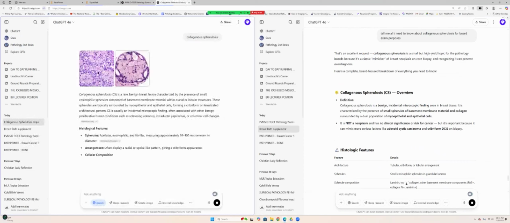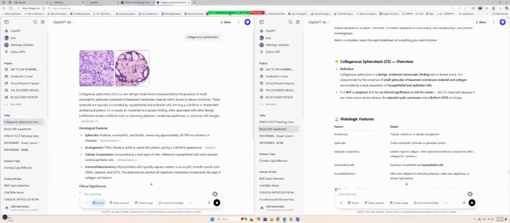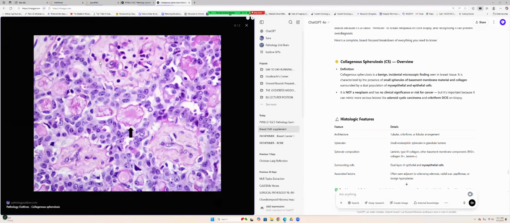It's a mimicker of breast neoplasia, and recognizing it may help to prevent overdiagnosis. So collagenous spherulosis is a benign incidental microscopic finding seen in breast tissue. It is characterized by the presence of small spherules of basement membrane material and collagen surrounded by a dual population of myoepithelial cells and epithelial cells.